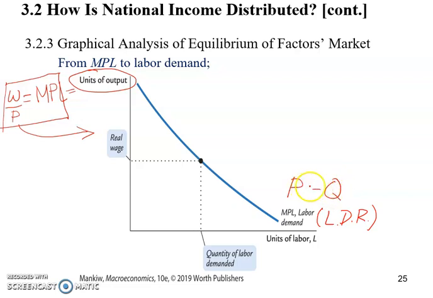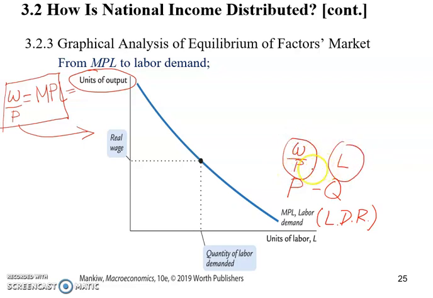In other words, there's a one-to-one relationship between the price and the quantity. But here, the price is just the real price of labor, right? So in this case, the price is W over P, and the quantity is just L, okay?